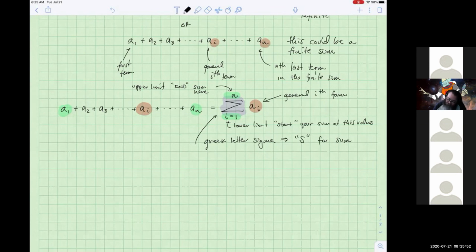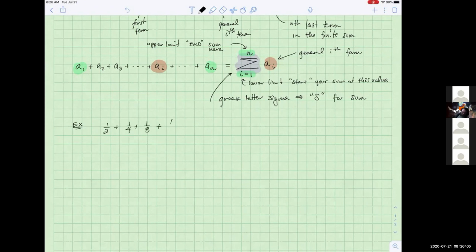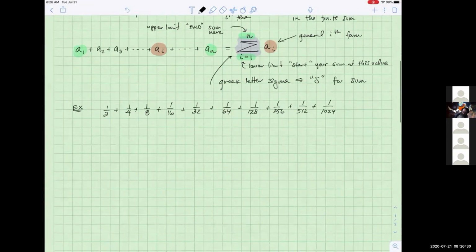So, as a simple example, we might write something like 1/2 plus 1/4 plus 1/8 plus 1/16 plus 1/32 plus 1/64 plus 1/128 plus 1/256 plus 1/512 plus 1/1024.